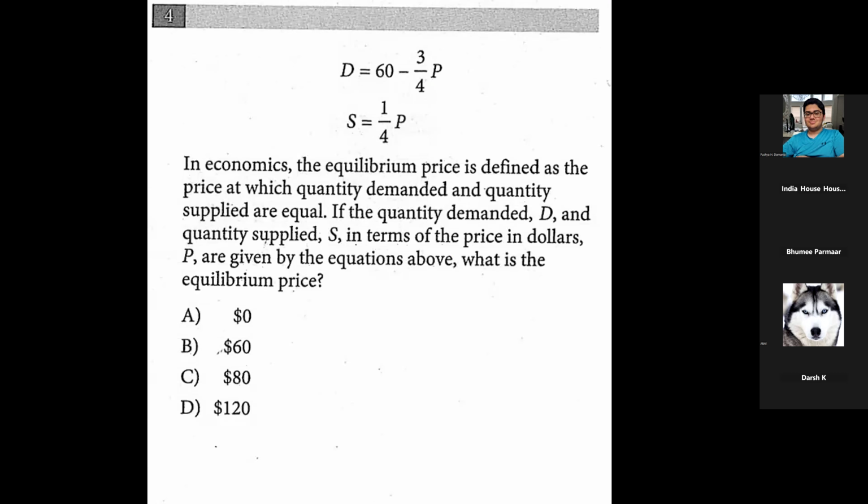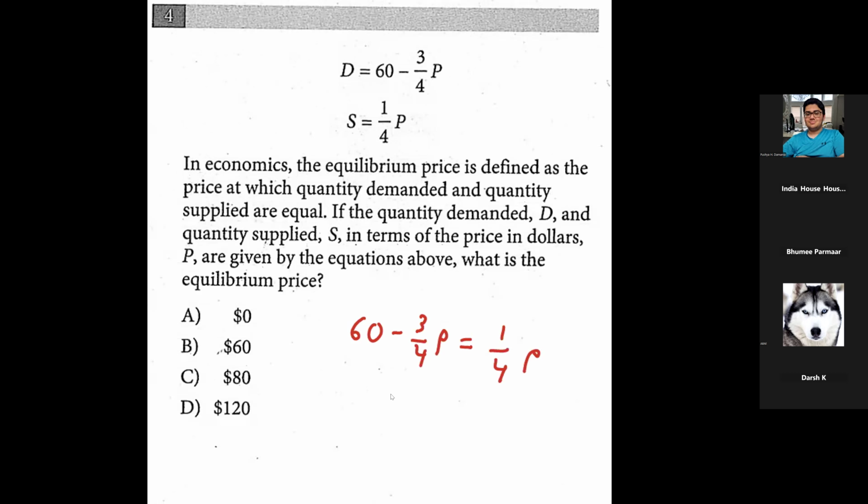So for question 4, it says the equilibrium price is where quantity demanded and quantity supplied are equal. What is the equilibrium price? We just have to set these two equal to each other. So 60 minus 3/4 P has to equal supply, which is 1/4 P. We just have to solve for this price value.